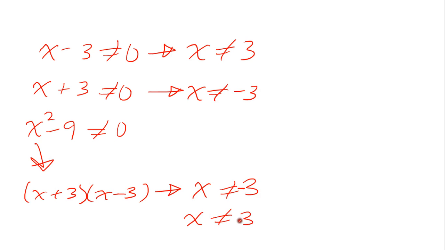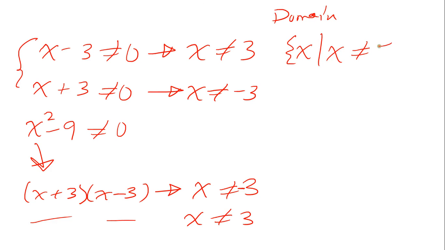So this is sort of repetitive, we already found it based on these. But basically our domain is all x's such that x is not equal to plus 3 or minus 3. So that's our domain.